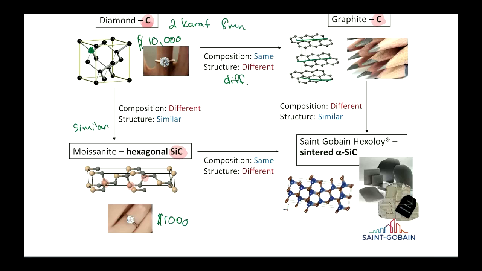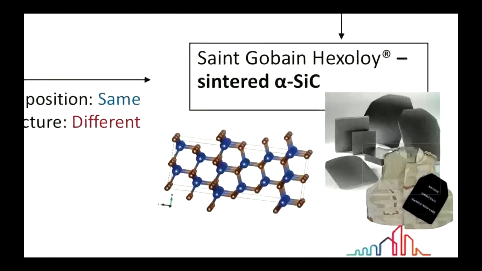Okay, so how do we get to body armor? Okay, so moissanite is silicon carbide. Body armor, trademarked by Saint-Gobain, is alpha silicon carbide. All right, so body armor is just pleated sheets of half silicon, half carbon atoms, in this alpha arrangement.